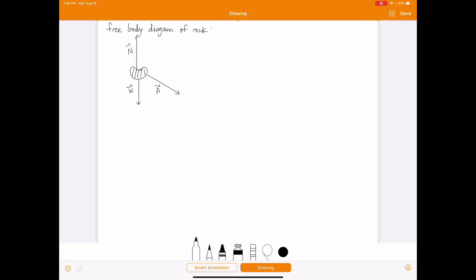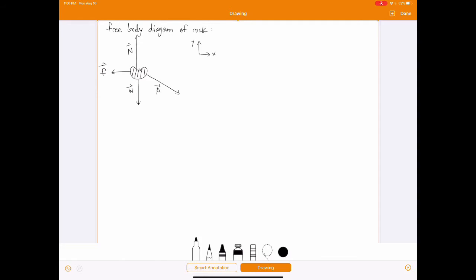Also, we know there must be some kind of friction. The friction force is going to be to the left in this case. It's opposing the motion. And the last thing we can do with this diagram is label a coordinate system, x and y, where x is to the right and y is up.